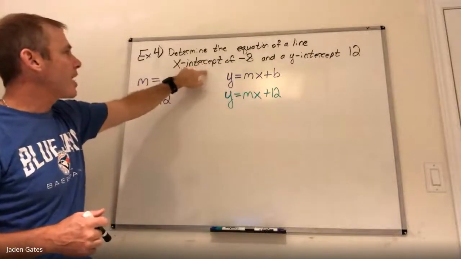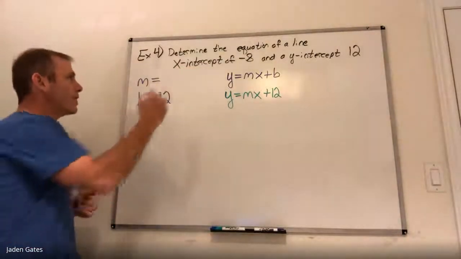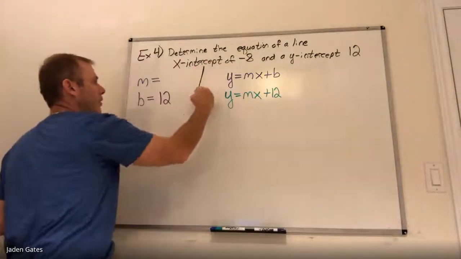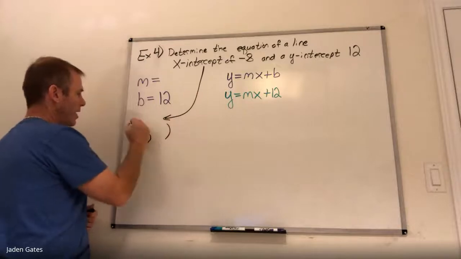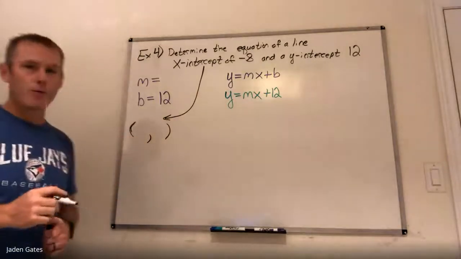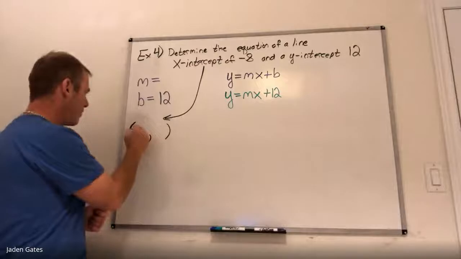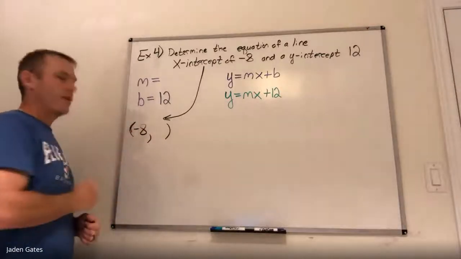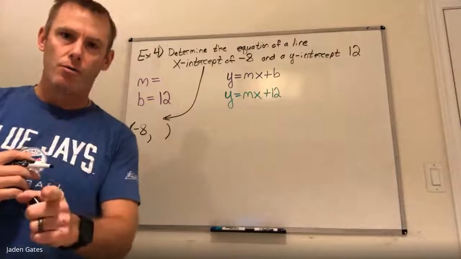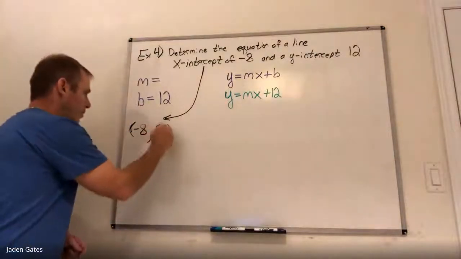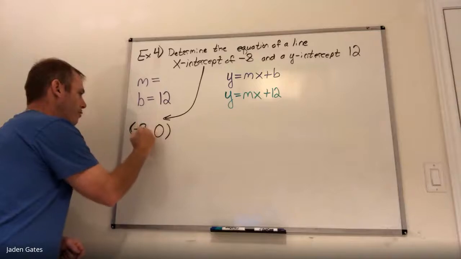The x-intercept is -8. And here's what that's telling you. That is a point. When you have an x-intercept of -8, so there's my x-coordinate, the y value is always 0. So that's a secret way of telling you a point.